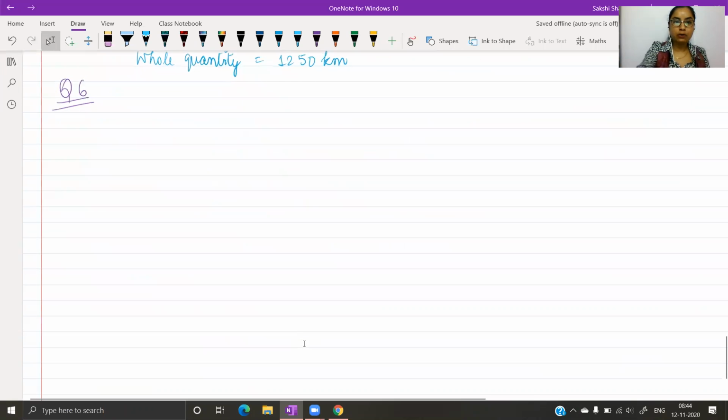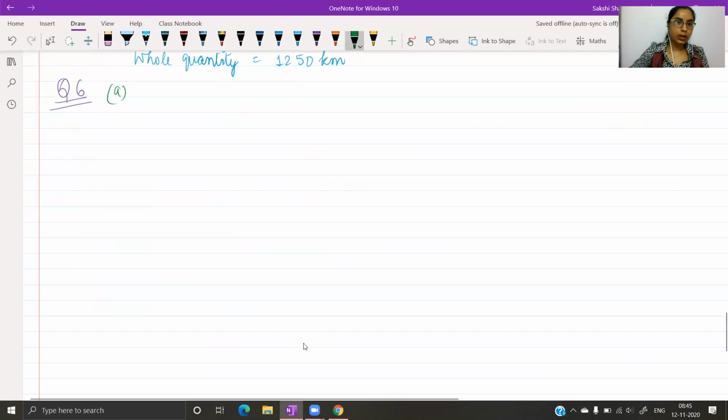The first part of sixth question is 25%. So I'm going to do two answers for this. First of all, make it a fraction and then make it a decimal number. So the first answer will be a decimal number. 25% will be 25 by 100, and then the answer will be 0.25.